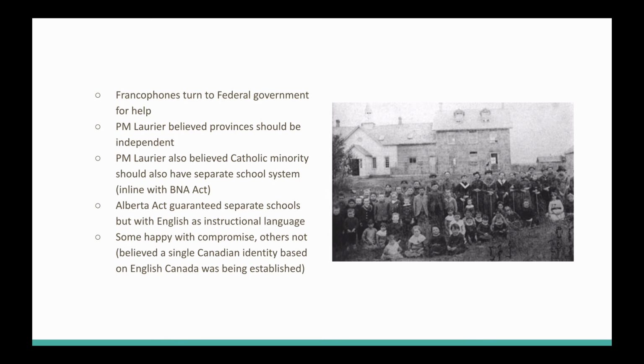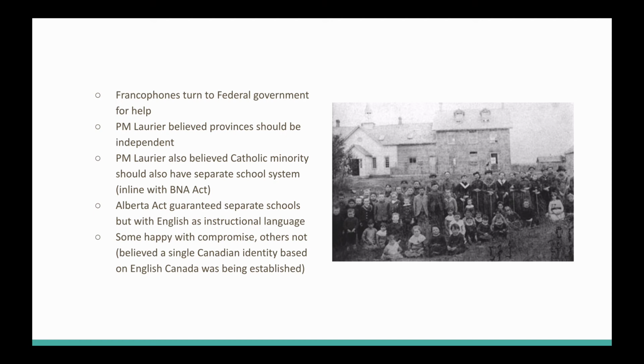So in 1905, when the Alberta Act was signed, it guaranteed separate schools, but there's going to be a thing here. The language of instruction is going to be English. So you can have your Catholic schools and you can have your non-Catholic schools, but all instruction is going to be in English, with French only a certain percentage of the day.